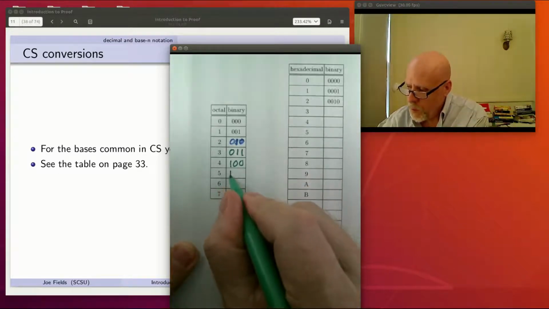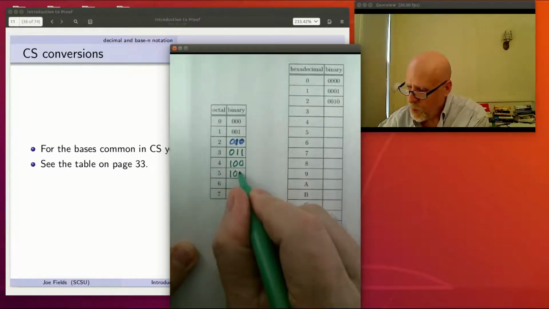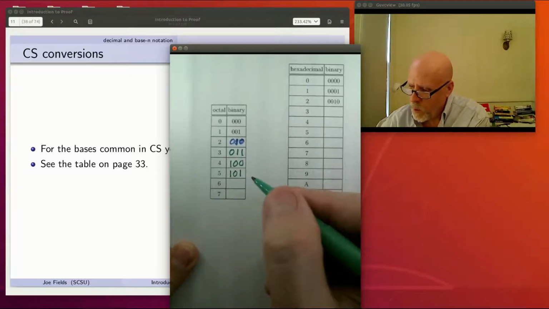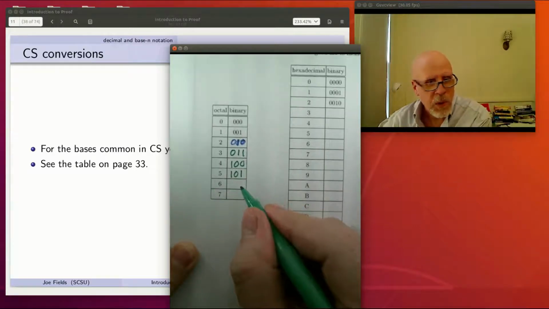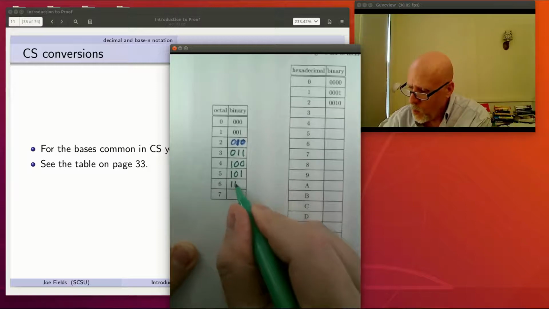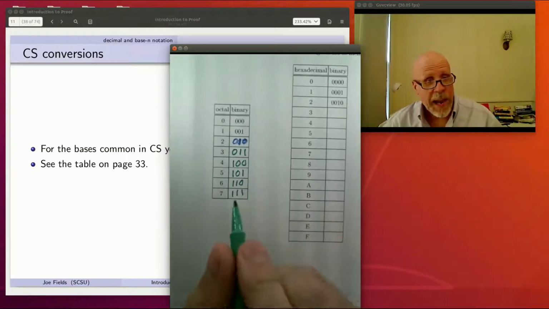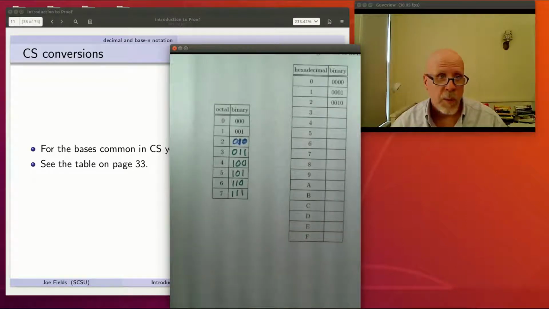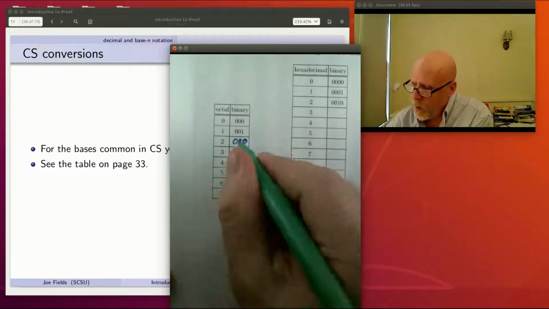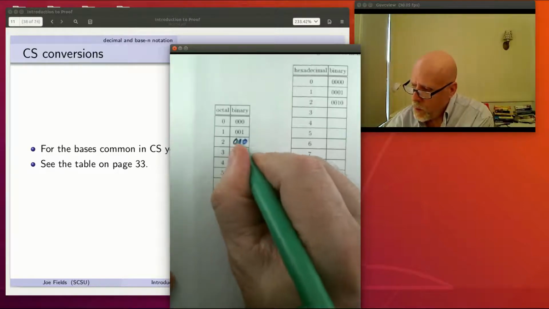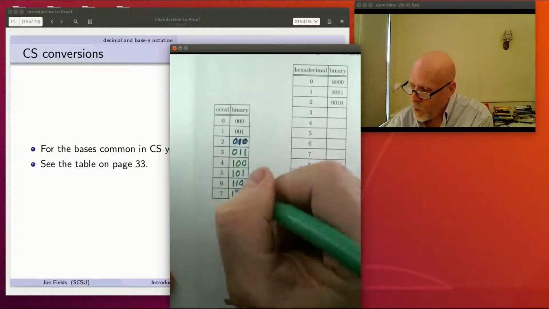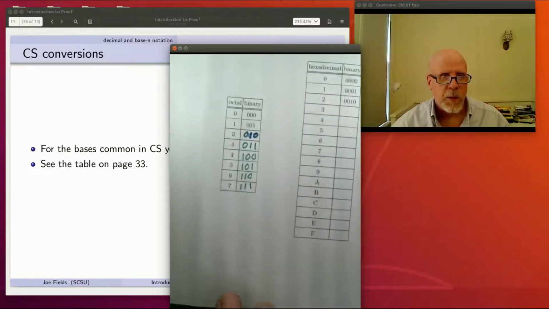Then because we have zeros in the early places, we get to begin counting over again. So just bump up the units place, 101, then 110, then 111. Now the thing after 111 would be 1000, but that's not needed for octal. We just need binary triples for the first 7 digits. So 0 and the 7 non-zero digits.